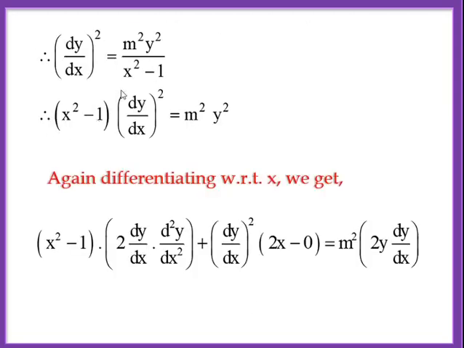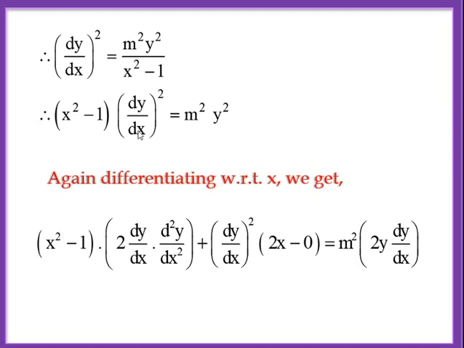Square both the sides to get this. Cross multiply. See, you have to remember that before differentiating the second time, rearrange the terms so that you are not required to use the quotient rule. This is applicable in most of the cases. Now, again differentiate.